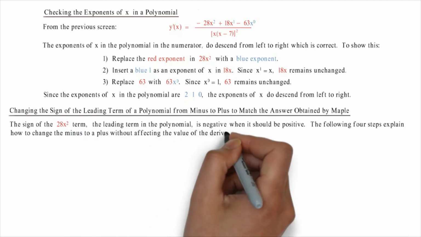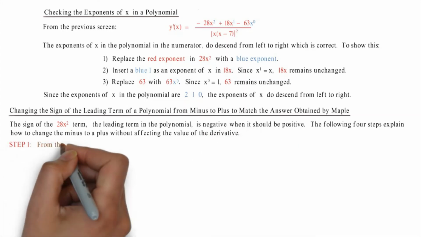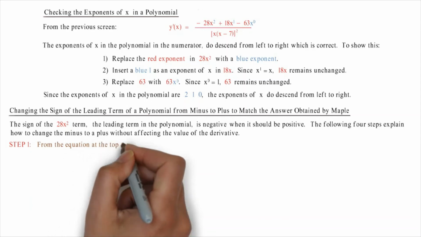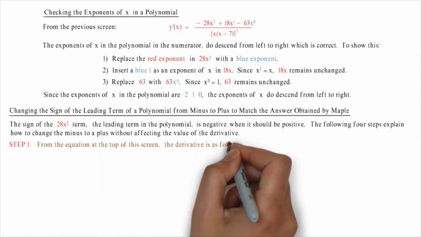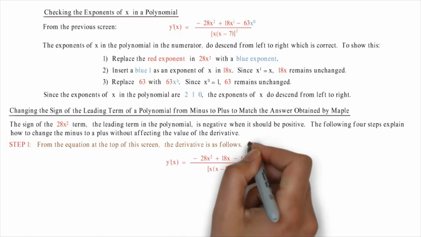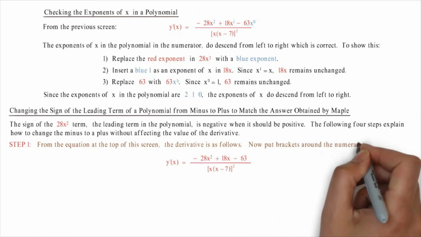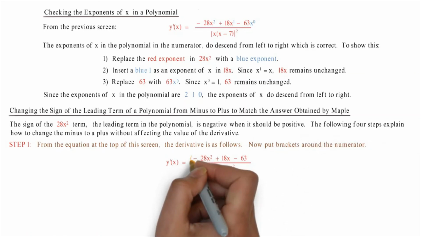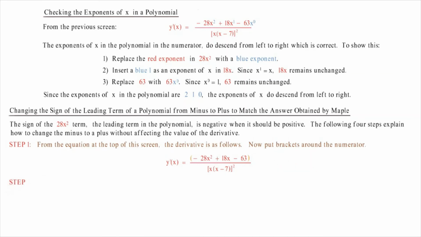Step 1. From the equation at the top of this screen, the derivative is as follows. Now put brackets around the numerator. Step 2.